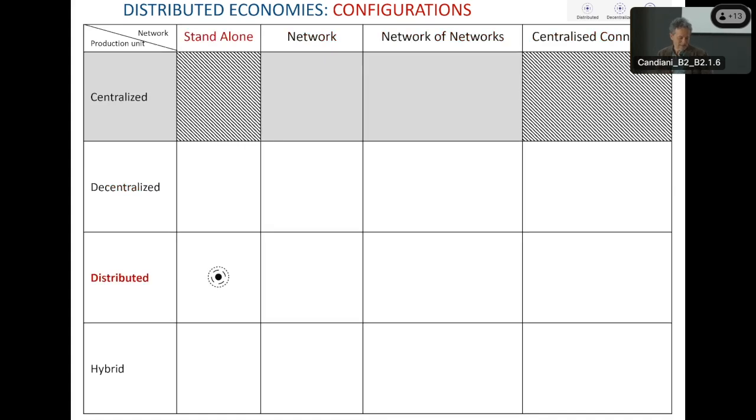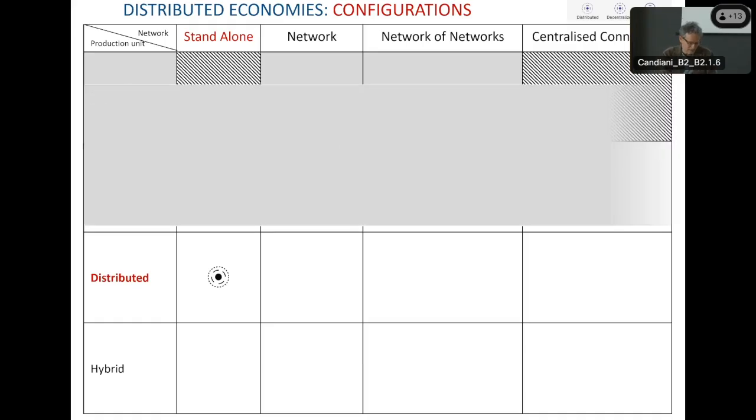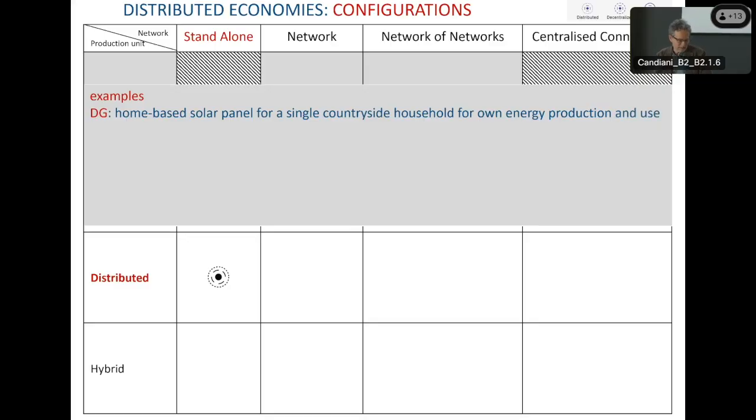Let's go on and look at the distributed system when it's standalone. And here again, I put an example. Distributed is when it's by the end user. Here I put a home-based solar panel for a single countryside household for own energy production and use.